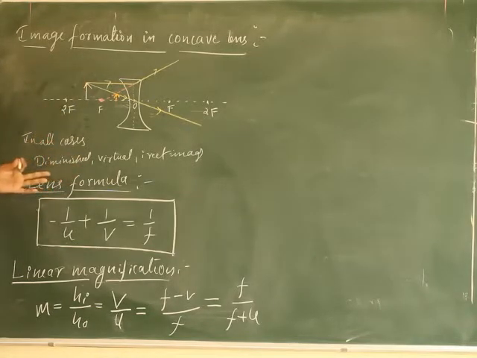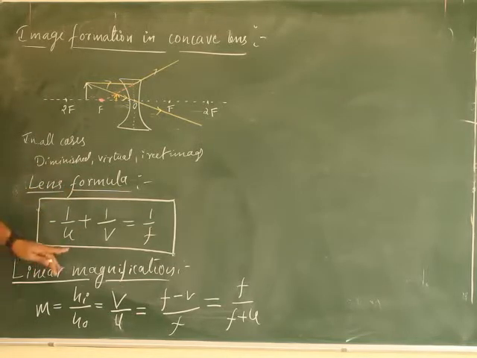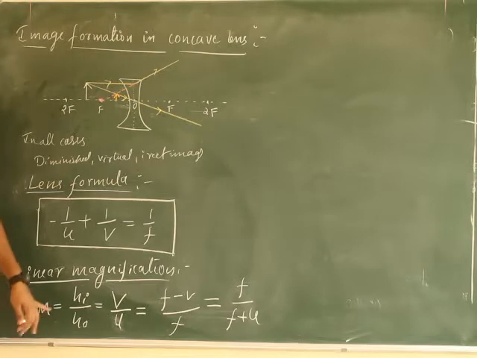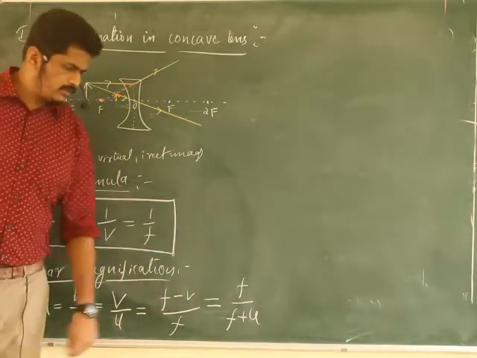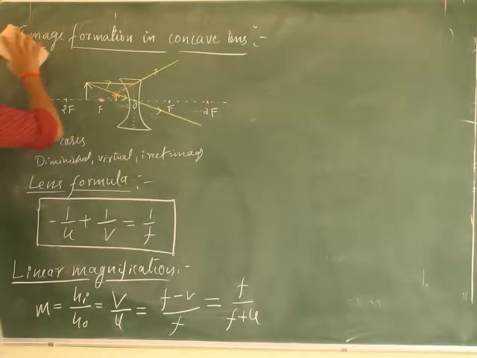Then we discussed the lens formula, similar to the mirror formula which we discussed in the mirror concept. And then linear magnification, which we also discussed in the mirror concept. Here also it is the same, but small variations are there in the substitutions, and we get slightly different formulas. Very important formulas, write them down neatly. Done. Next.